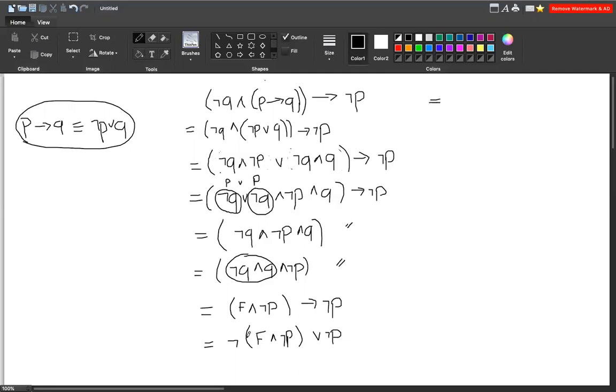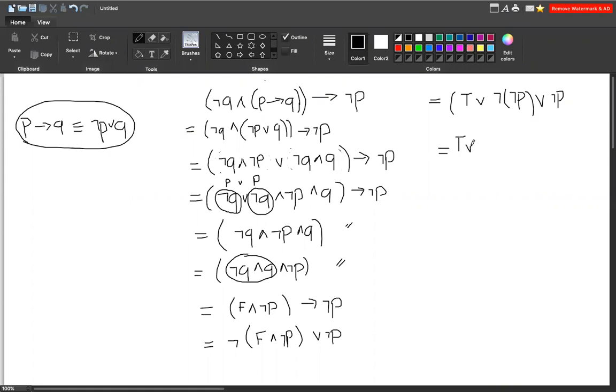Now let's open this up using De Morgan's law. We simplify this. So negation of false becomes true, right? This becomes or when we open it up, and then negation of P becomes P. So negation of P or negation of P. Okay, so we have this true here.